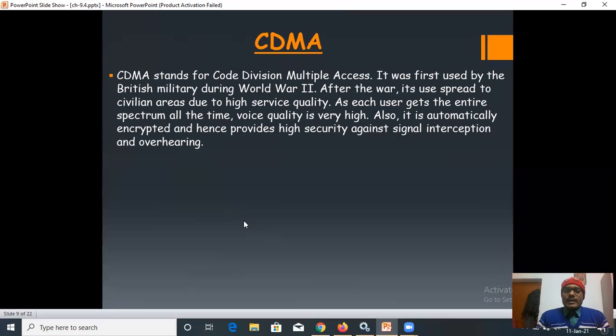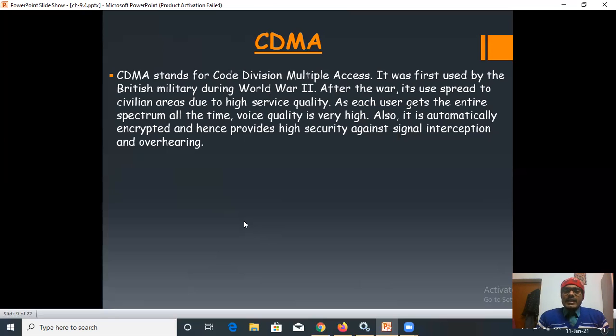Okay, good quality of voice is there, and it is also automatically encrypted, means it is safe. No one can hack your voice, no one can hack your data, and hence this provides high security against signal interception and overhearing. So that's why this was used much more.